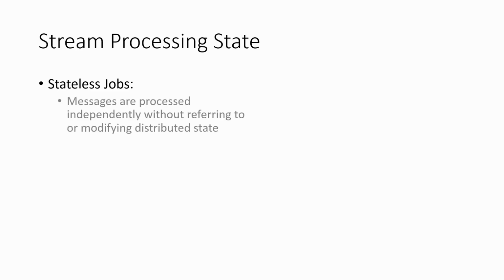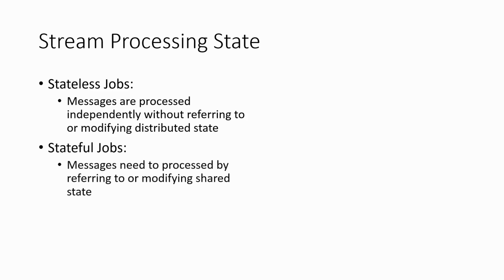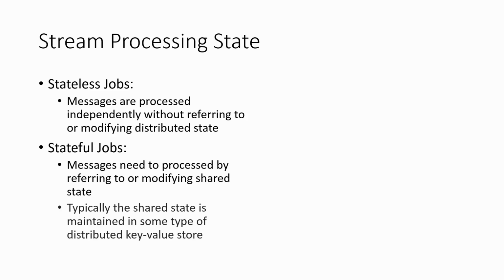Now, let's take a closer look at the idea of state in stream processing. Stream processing can be categorized, at least with Kafka and Samza, into two types. We have stateless jobs. In stateless jobs, a message is processed independently without referring to or modifying some form of distributed state. And then we have the idea of stateful jobs. In a stateful job, a message needs to be processed by referring to or modifying some form of shared state.